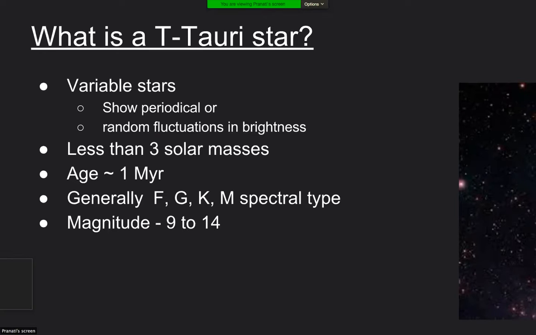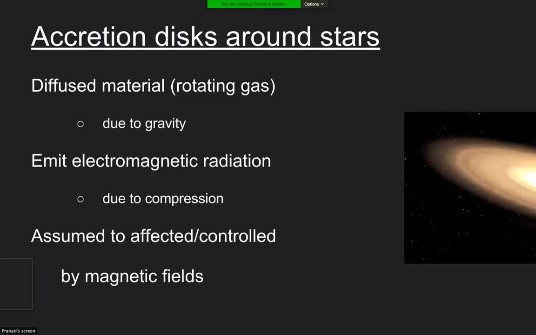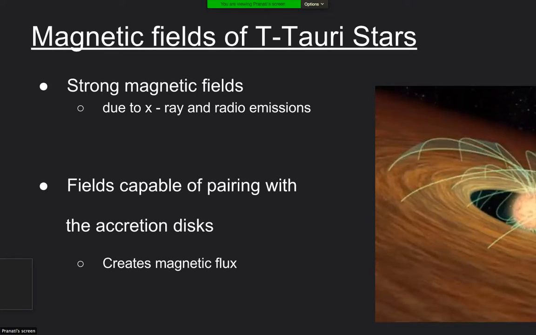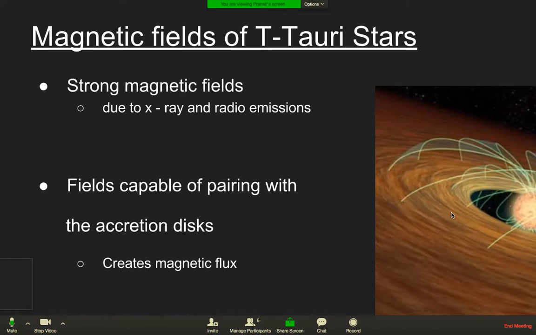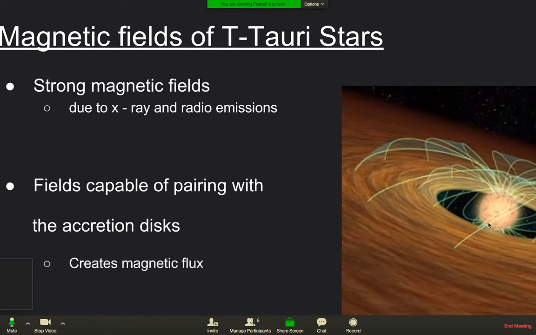If you go on to the next slide, another one, and now here, if you compare this nice picture that you brought to the last one, why does this young star have a strong magnetic field?